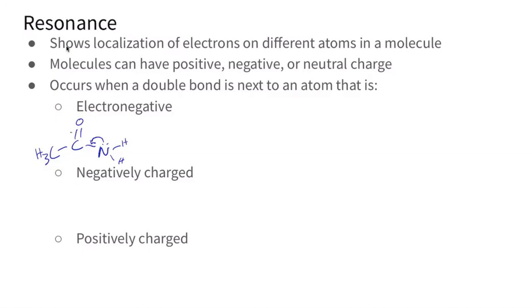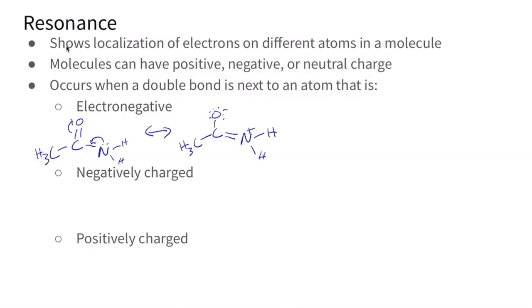And then the electrons that are in the p orbitals in this double bond, they can be deposited into a lone pair on the oxygen, and we get this resonance structure. So this is our resonance structure.